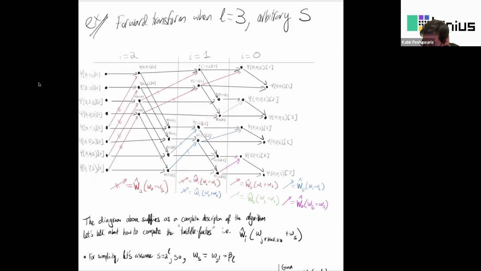Then there's the 0th stage, where there are 2 to the L minus 1 blocks, each of block size 2. So this is block 0, block 1, block 2, block 3. And depending on which stage you're in and what your block index is, that defines what your twiddle factor is going to be. Cool. That's all I wanted to say about that.